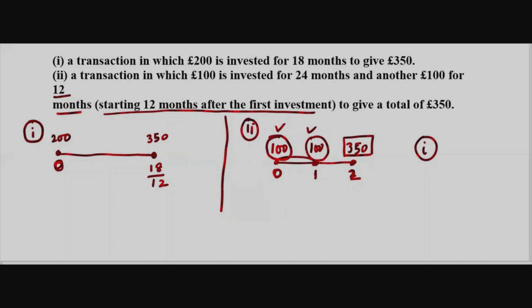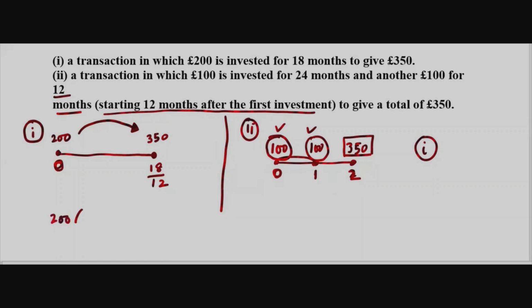Yes, Ritik. 200 grows to 350 in 1.5 year. That is 18 months. What is the effective rate of interest i? 18 months means how many years? 1.5, sir. Yeah, you can write 1.5, right?